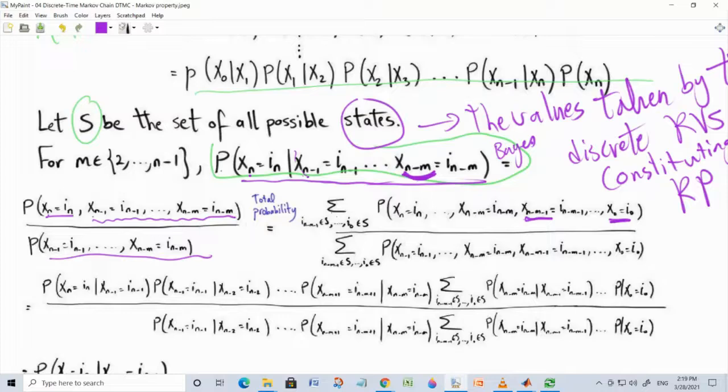And then you have a summation in which you sum over all the possible values of those random variables. If you do the summation, you are left with the joint probability of the other guys.